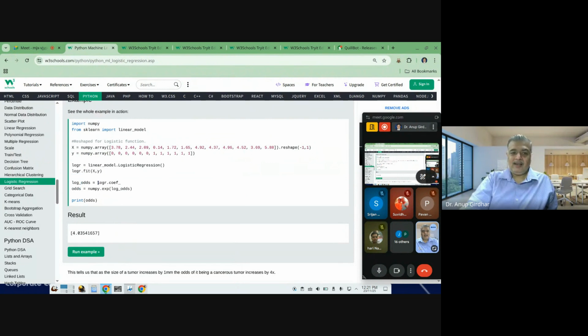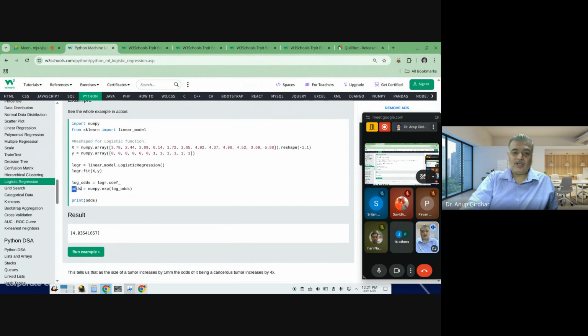Then there is a simple variable called logr.coef_, coefficients. This is an attribute internally which returns a value, and you will get the value of odds.